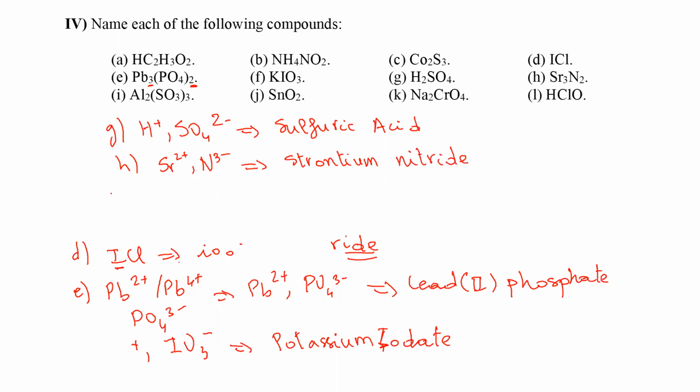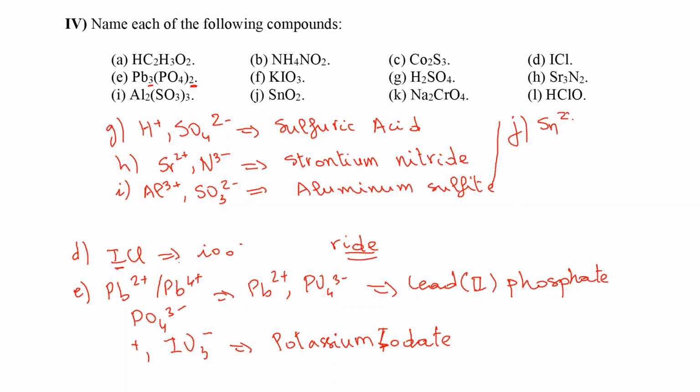Okay. Now I is based on aluminum and sulfide, going to be aluminum sulfide. Okay, when we go to J, based on Sn, tin, it can be 2 plus or 4 plus.